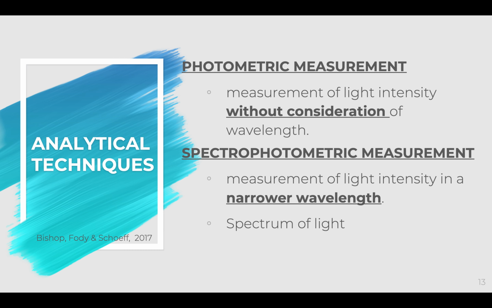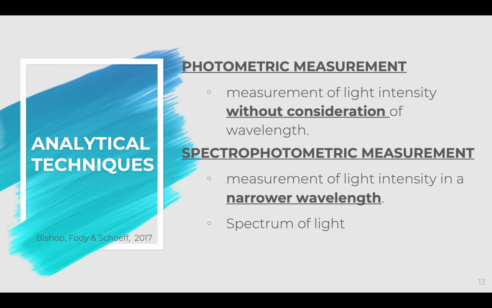Are we clear? So in photometric, we're not talking about the spectrum, or trying to dissect the light into its regions from visible to ultraviolet and infrared. Unlike your spectrophotometric measurement, we are measuring the light intensity in a narrower wavelength.